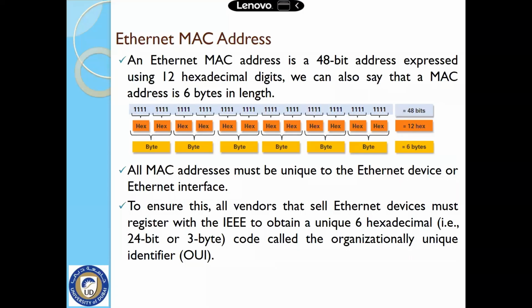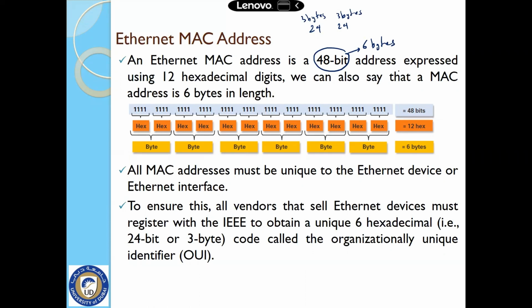All right, now we're going to talk about details of the media access control address. It's a 48-bit number, keep that in mind, and it's divided into 24 bits and 24 bits. By the way, 48 bits means it's 6 bytes, so we have 3 bytes and 3 bytes.